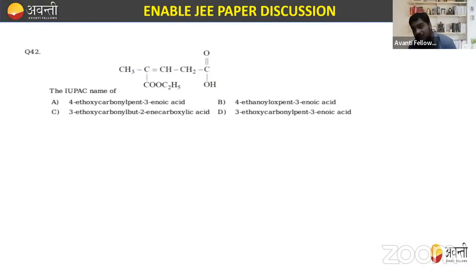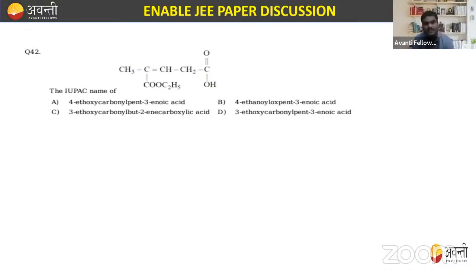So numbering starts according to the functional group. If no functional group is present and only double bond and substituents are present, then always start numbering from the carbon where the double bond is nearer. So according to this question, what is the IUPAC name?